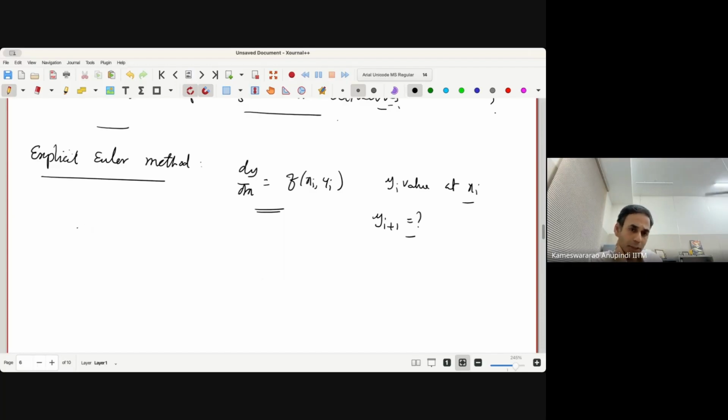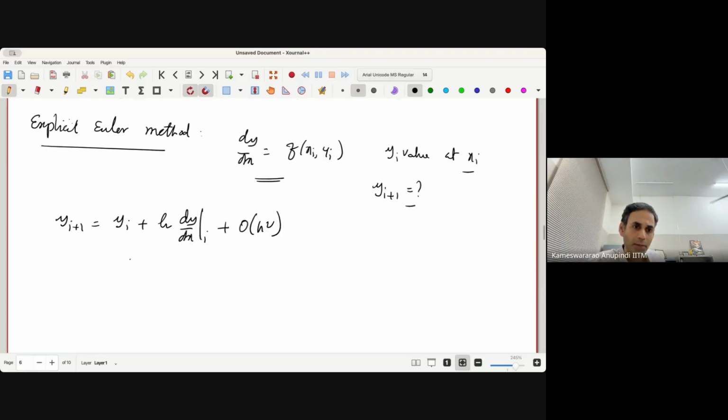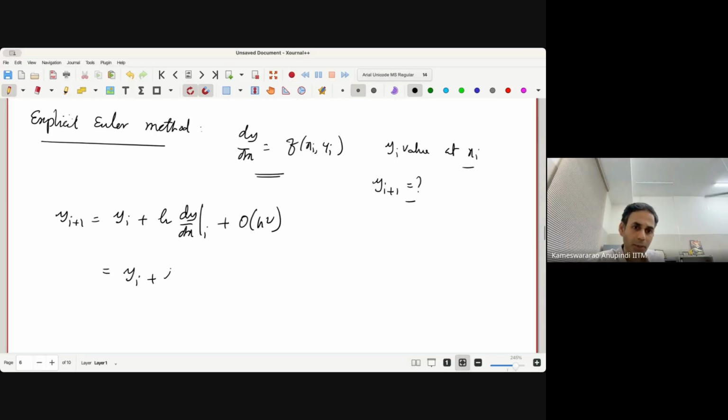The Euler explicit method comes from the Taylor series method itself, but we truncate the Taylor series at the second order accuracy. That means we write yi plus 1 as yi plus h times dy by dx at i plus order h square. From the governing equation, dy by dx at i is f of xi, yi.